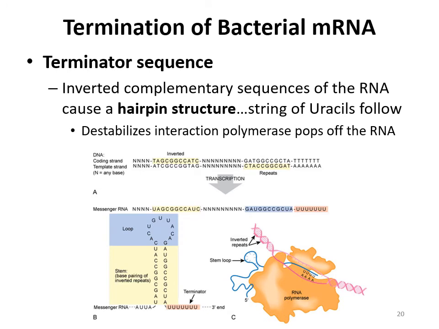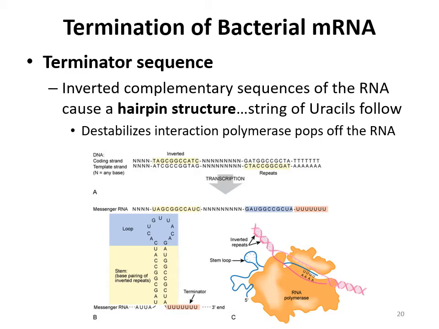Now, with everything in life, everything that has a start needs to have an end. So for transcription, termination occurs when the RNA polymerase hits what's called a hairpin structure. And this figure right here shows what a hairpin loop looks like. And basically what happens is the RNA polymerase gets destabilized by that hairpin loop, and it causes it to pop off.